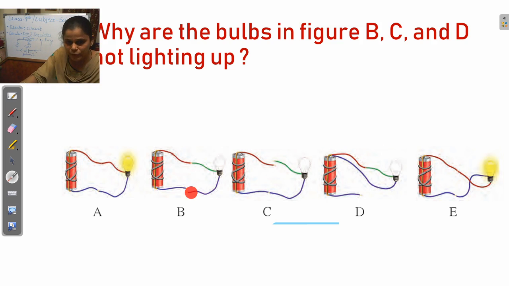There is a gap between the two ends of the conducting wire. That means the circuit is not complete. That's why the electric current will not flow through this conductor, and so the bulbs B, C and D are not lighting up. Understand?